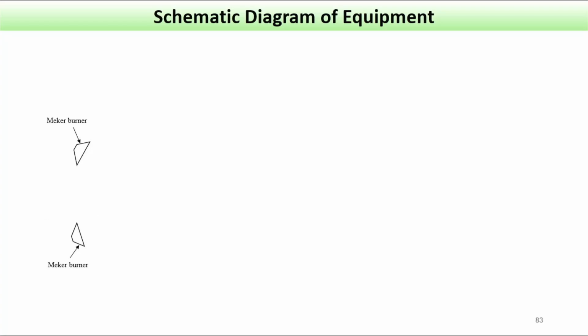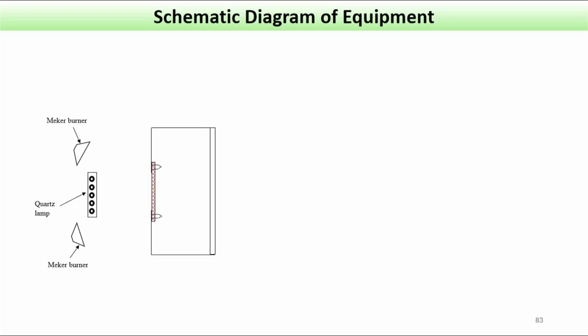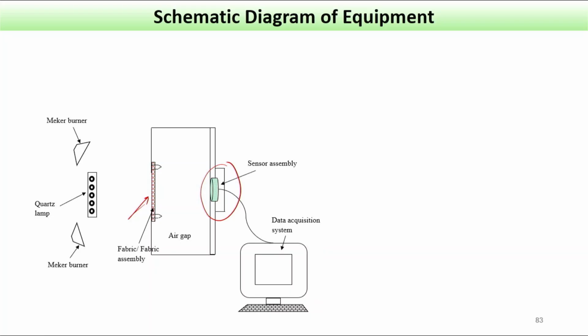The Meker burner is kept at a certain angle, typically a 45-degree angle, and the quartz lamp is for the radiant heat. Here the fabric specimen is placed, you can see the air gap, and on the other side the sensor assembly, that is the copper calorimeter, connected with the computer.